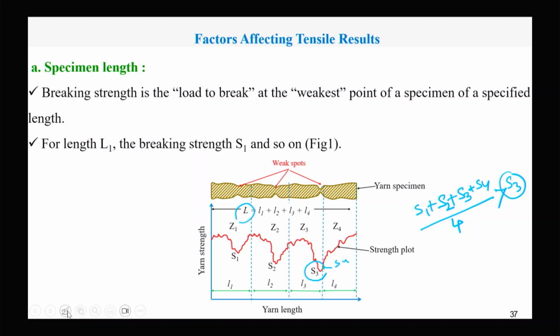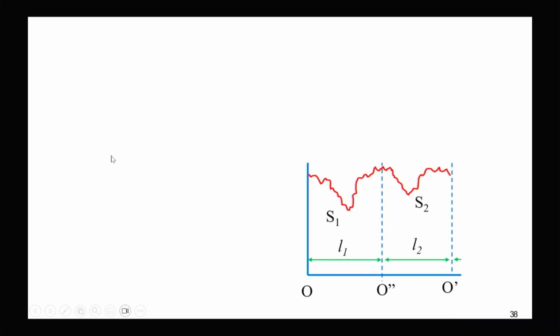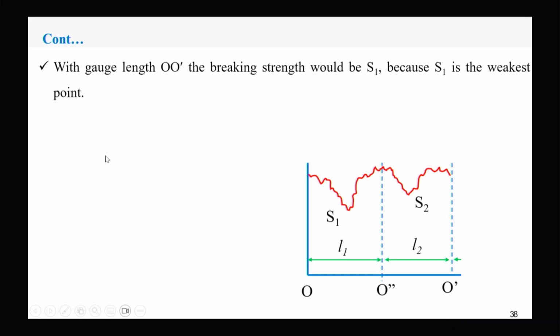This has been explained here. For length L1, breaking strength will be S1. So this will be the smaller L. L1 breaking strength is S1.